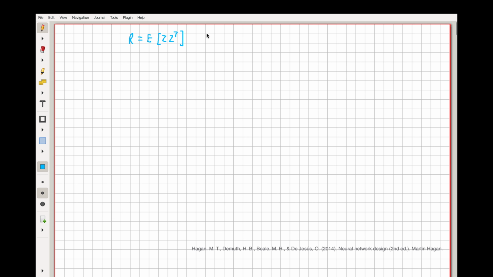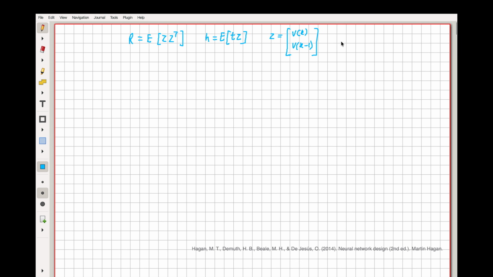Then the cross correlation matrix H, that is the correlation between the target and the input, is given by the expected value of the target T with Z. And then Z itself, as we saw, is VK, that's the current data point for noise, and then the previous data point for noise.